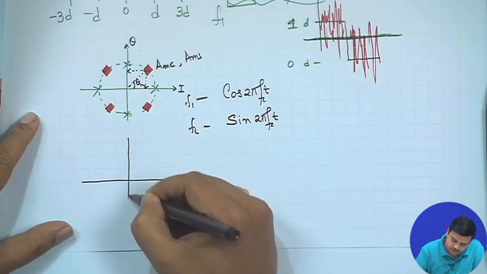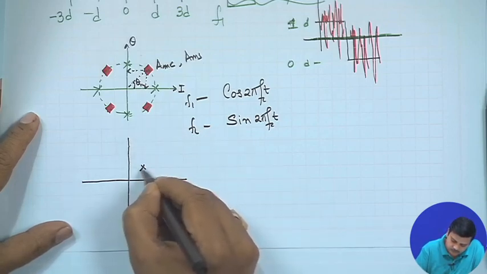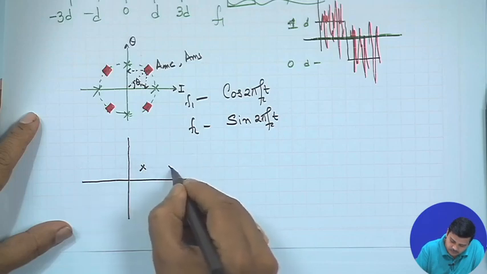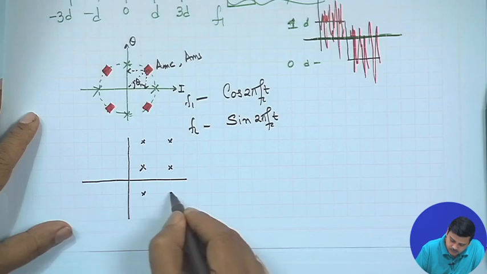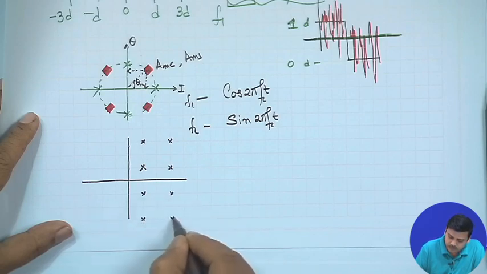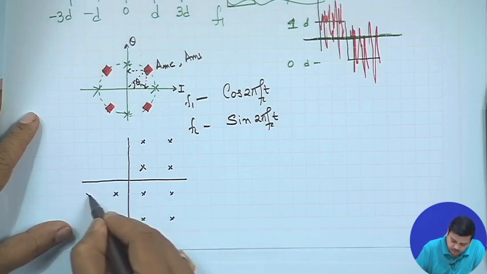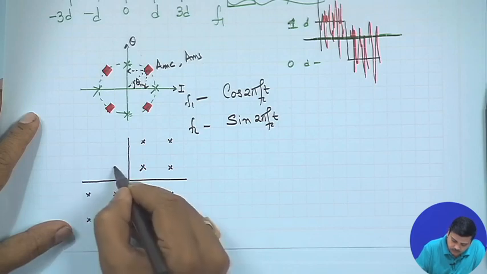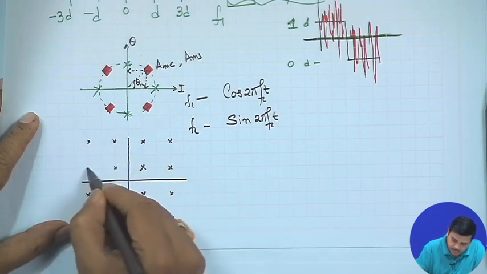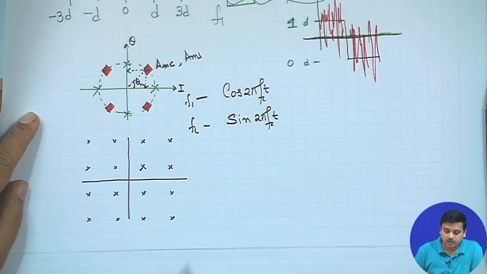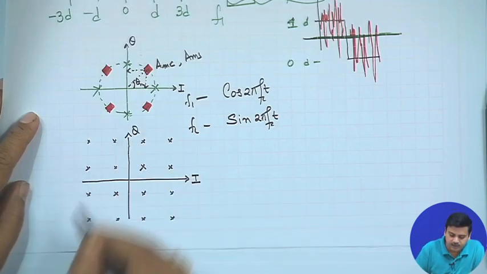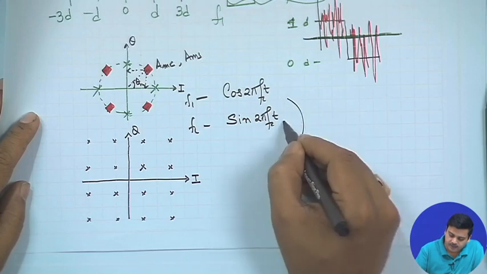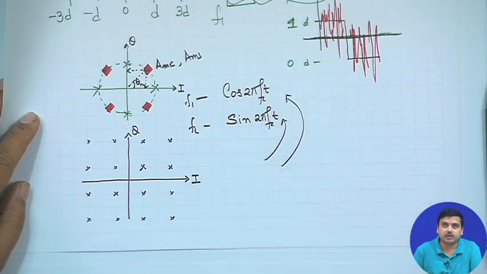When we moved into the QAM constellation, we also had the I and the Q, and the same basis functions were available.